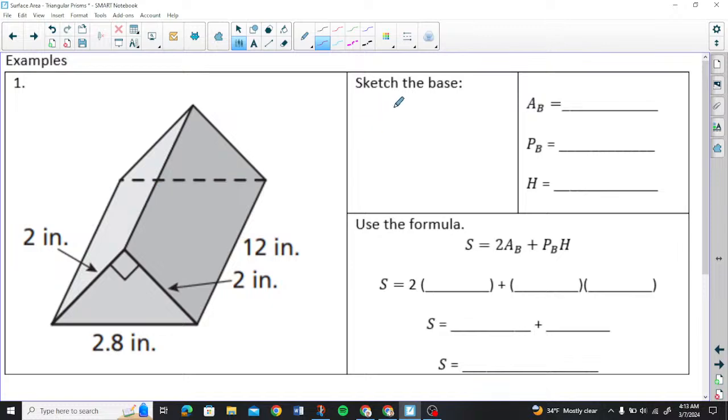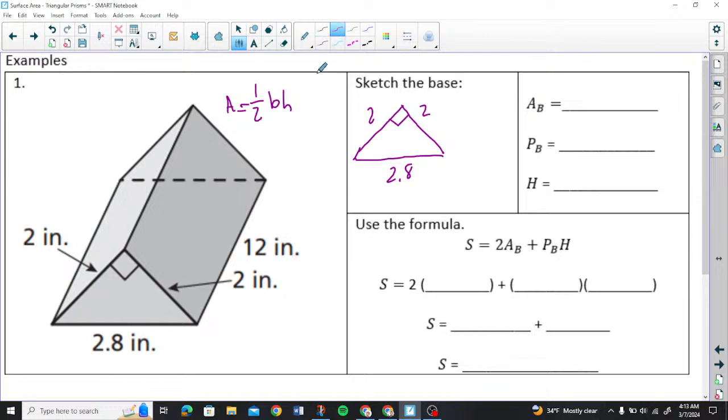As with rectangular prisms, I highly recommend that you sketch out your base. Our base is the triangle. And this triangle has sides of 2, 2, and 2.8. In order to find the area of the triangle, we need the formula 1/2 base times height.